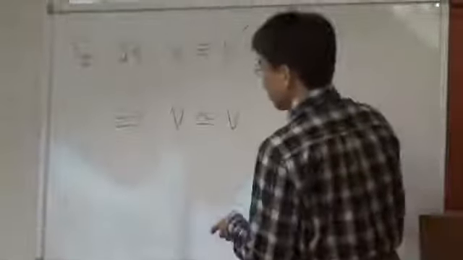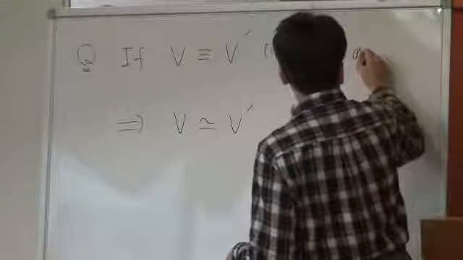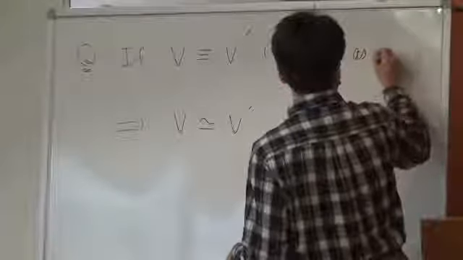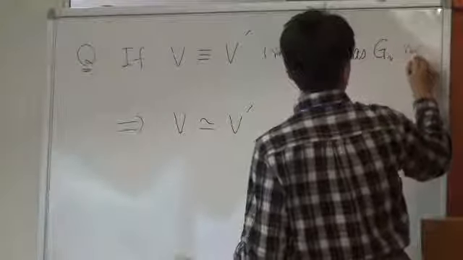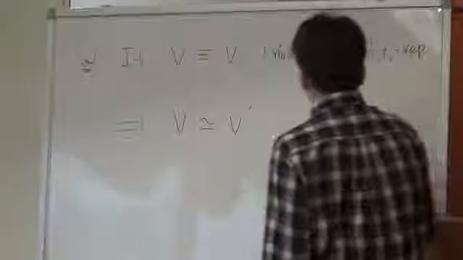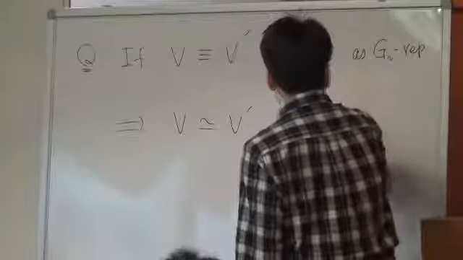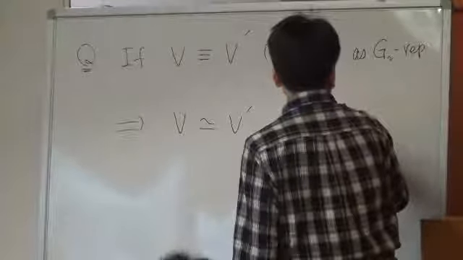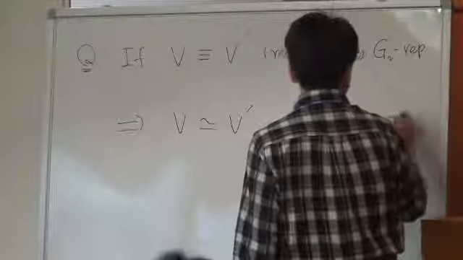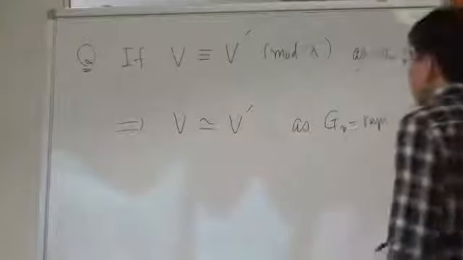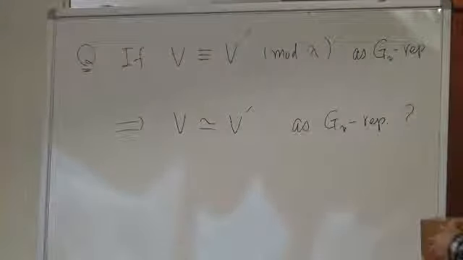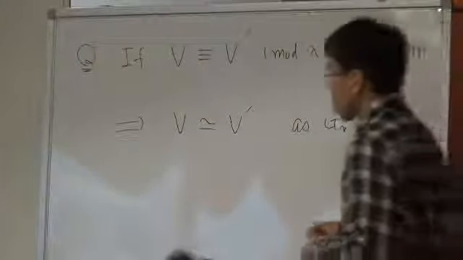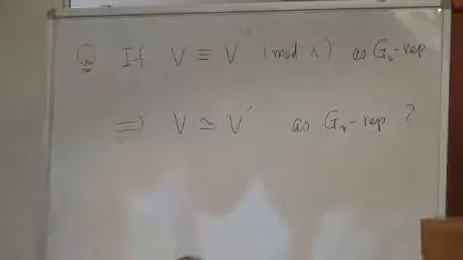So today I consider the local thing, as G_v representations. Are V and V prime isomorphic as G_v representations?